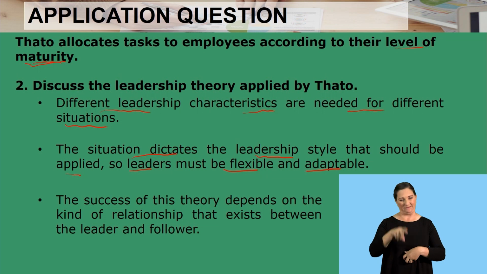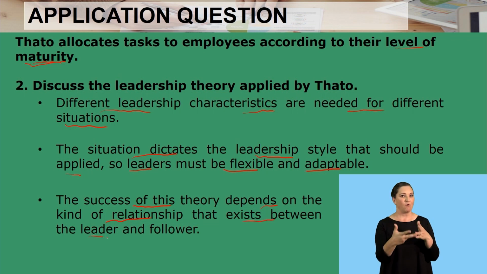Then another aspect is that the success of this theory depends on the kind of relationship that exists between the leader and the follower, which makes it very vital for TATO, because the relationship between TATO as a leader and the subordinates would help to achieve great situational analysis. However, if TATO doesn't have a great relationship with the subordinates or employees, then it would become difficult for TATO to even assess some of his subordinates' abilities.